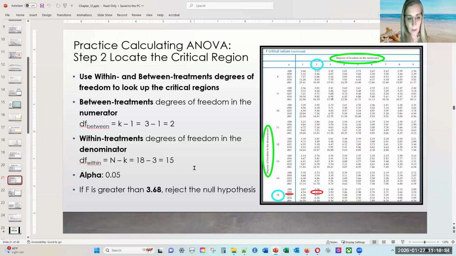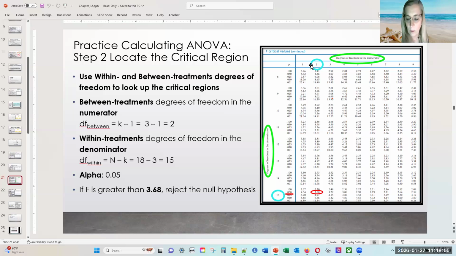Then we need to find the critical region for step 2. So we use the within and the between treatments degrees of freedom to look up the critical regions. The between treatments degrees of freedom is used as the numerator.